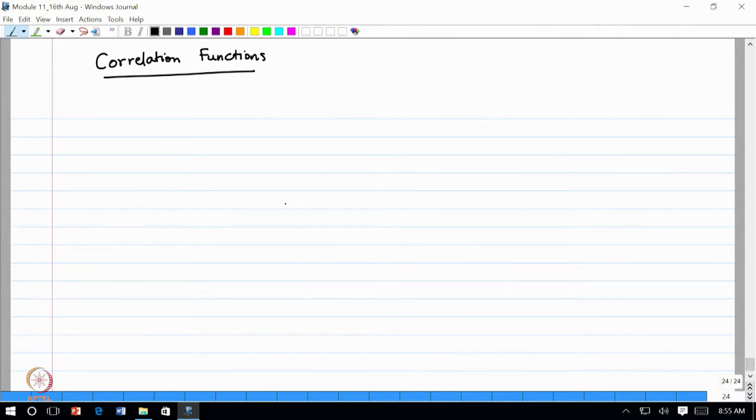So, here what we said is that suppose you have, so go back to your distribution functions. So, you might have something like a variable x, and it might be having a distribution function f of x.